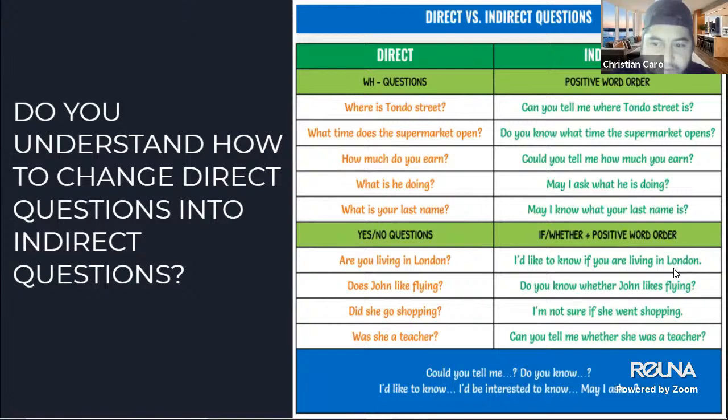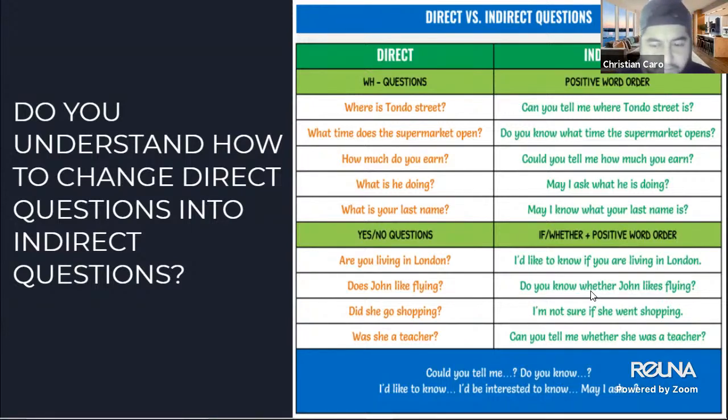Second one, do you know whether John likes flying? That's an indirect question, but using whether. And what is the difference between whether and if? Whether is used when there is an implicit opposition of ideas. Okay. For example, you can use, do you know whether John likes flying or not?